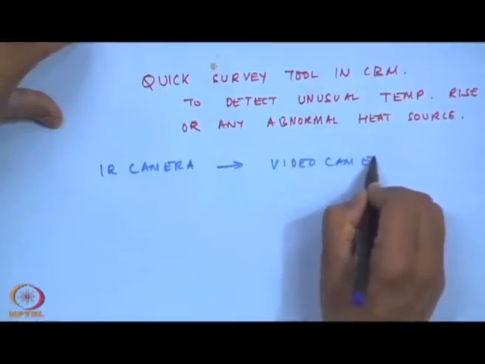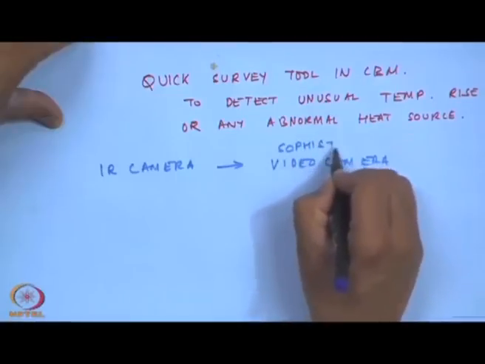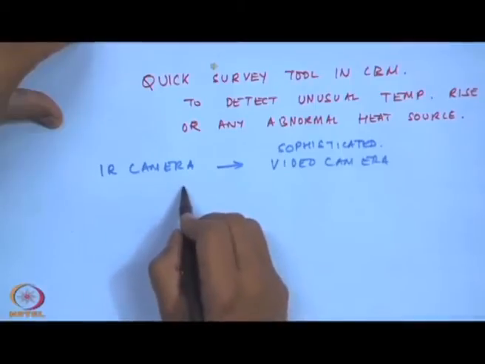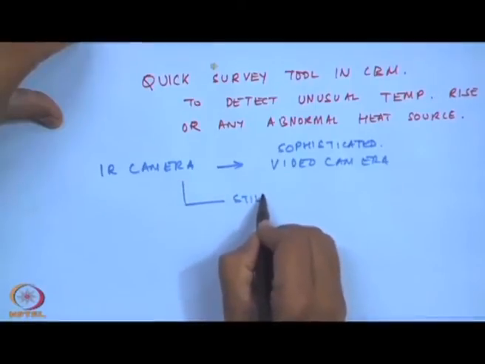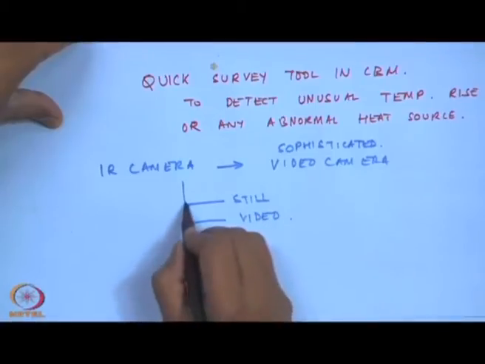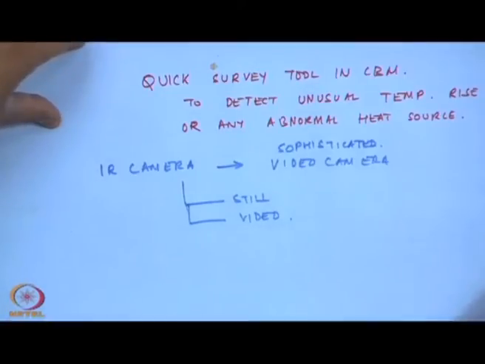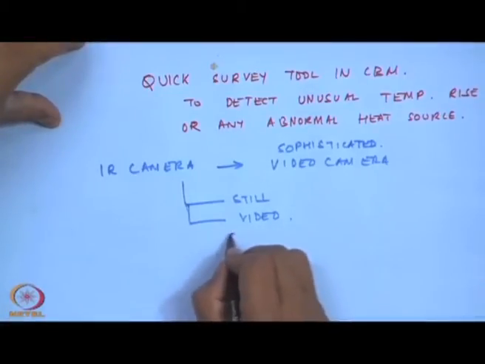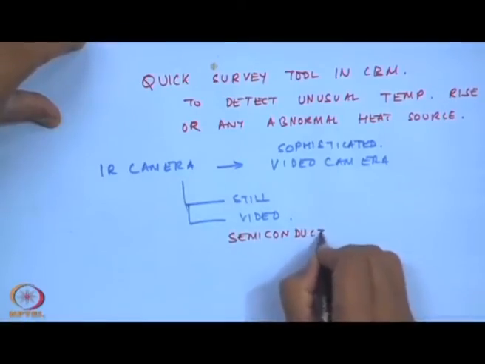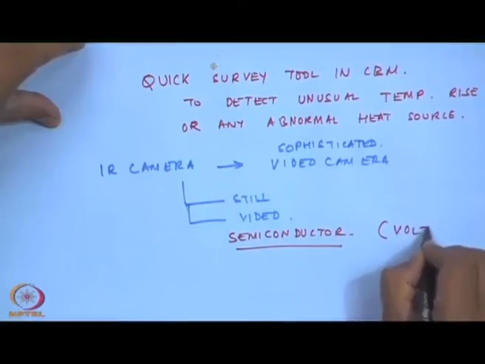IR cameras can capture stills or you can record them in a video mode. But the most important characteristic of this IR camera is that we have a semiconductor focal plane array which gives out voltage.